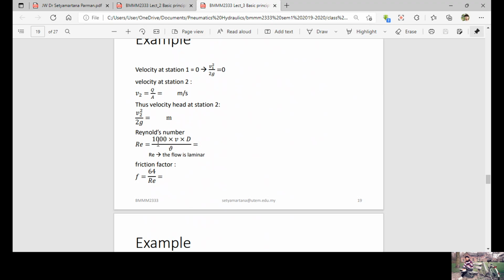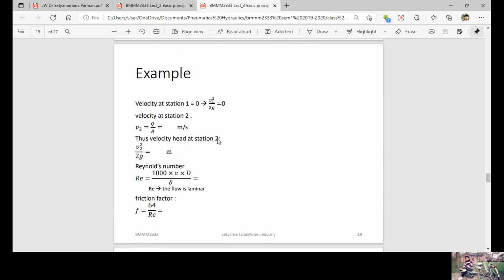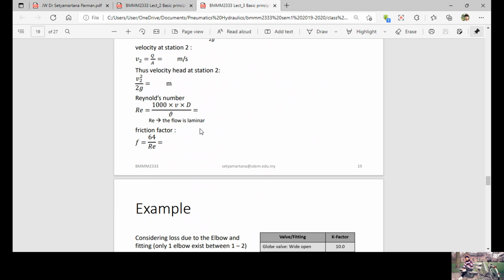Okay, so the Reynolds number here is calculated as 1000 multiplied with velocity multiplied with the inner diameter divided by nu. If you calculate it, you will find the value of Reynolds number below 2000, so it is laminar flow.